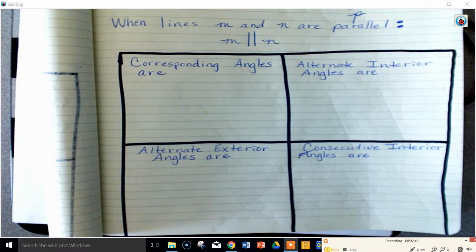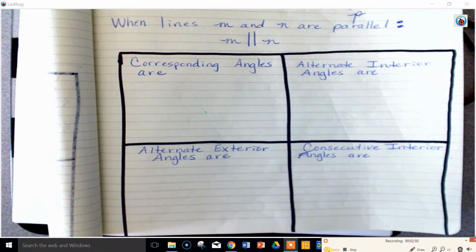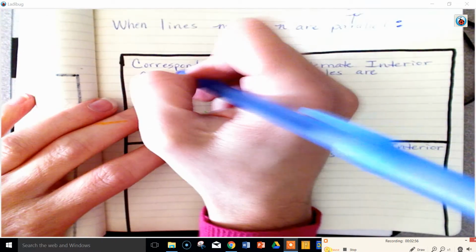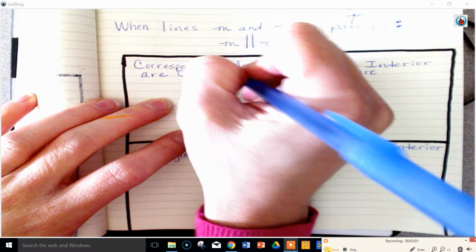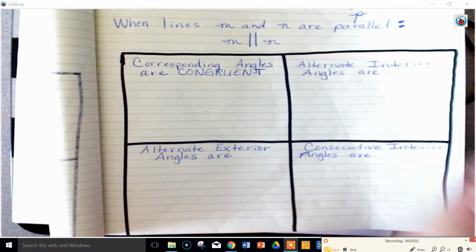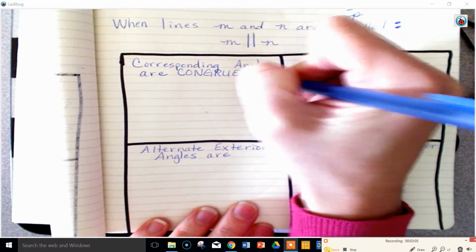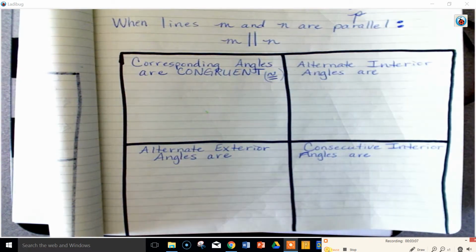So when you have two lines that are parallel, and they have to be parallel, that are cut by a transversal, every set of corresponding angles that you have that are in those matching locations, they are all going to be congruent. And remember, this is your congruent symbol right here. And we'll draw that in a moment.